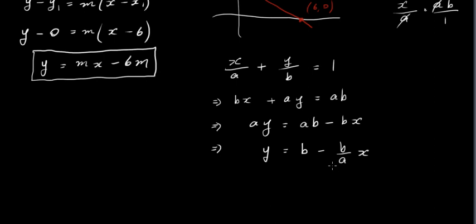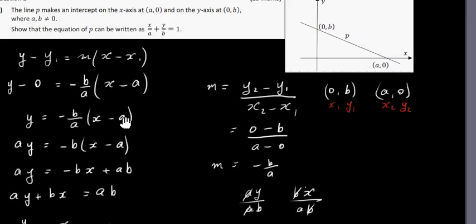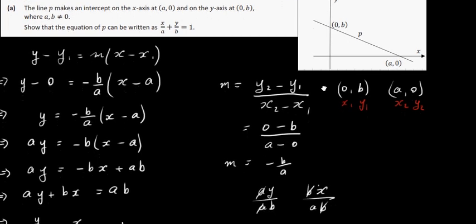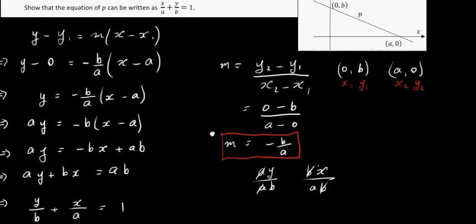If you remember from what we did in part 1, for any straight line like this where you've got a 0, b and an a, 0 here, the slope m will be minus b over a. So this is what we're looking at here. The slope m will be minus b over a.